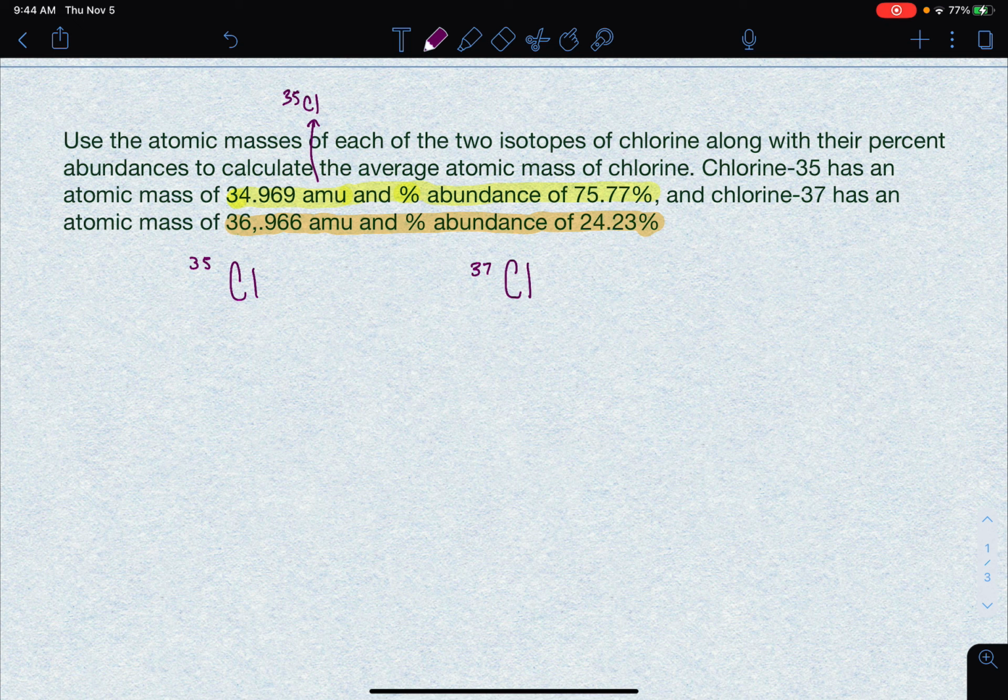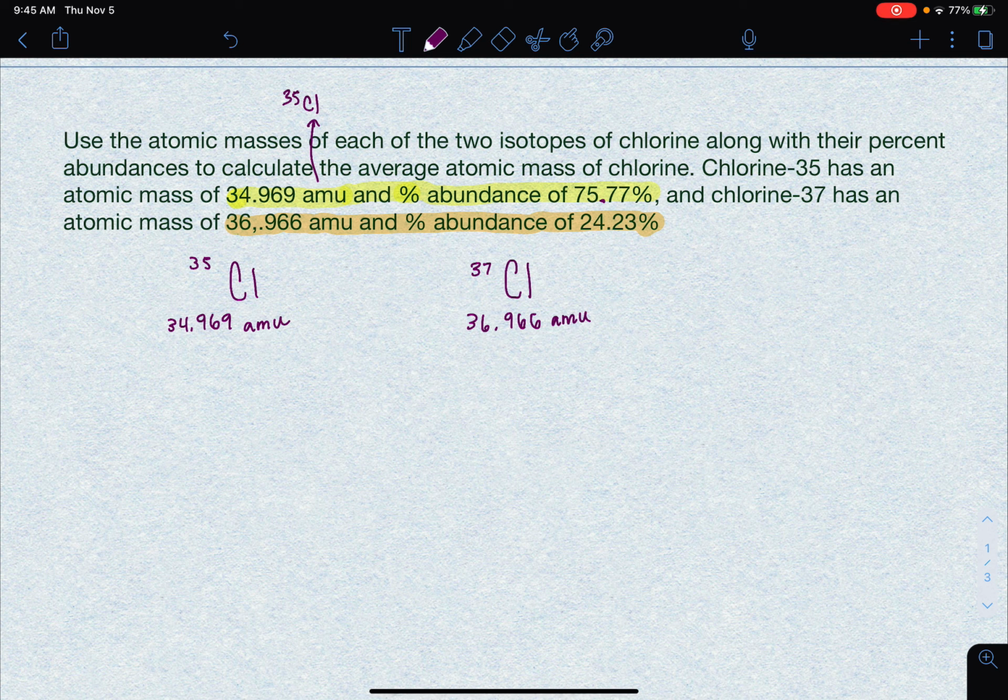So chlorine-35 has a mass of 34.969 atomic mass units. And chlorine-37 has a mass of 36.966 atomic mass units. I'm just organizing my information right now. Chlorine-35 has a percent abundance of 75.77.